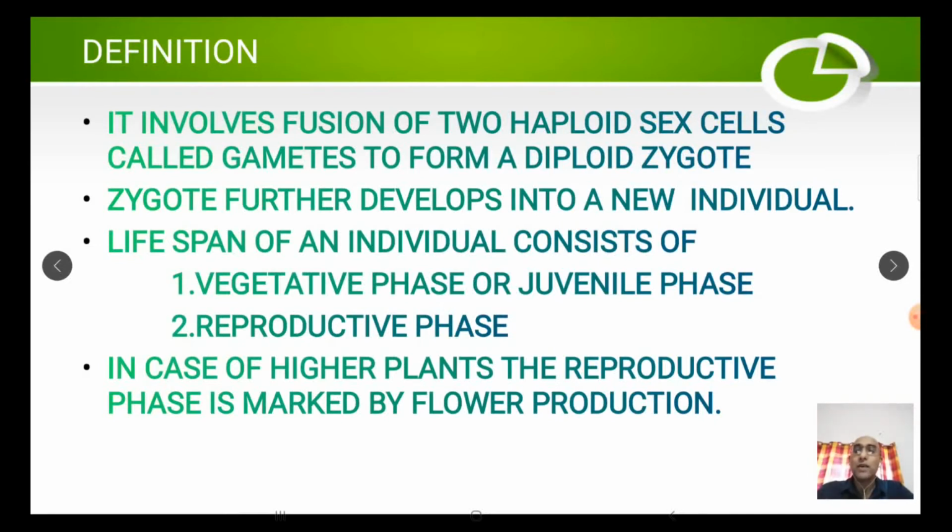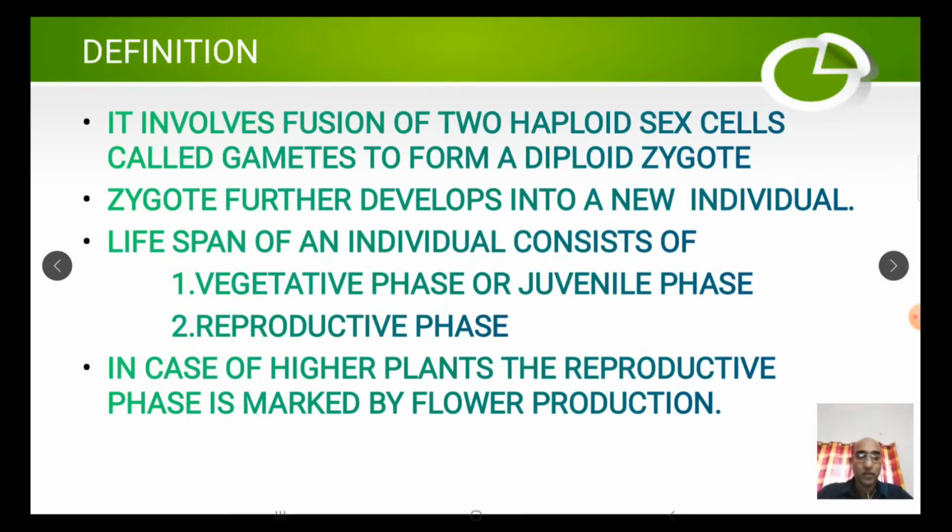Okay. When we divide the lifespan of an individual, I have already told you about lifespan in the previous video. So when we divide the lifespan of an individual, it can be divided into two phases. The first phase is known as the vegetative phase or juvenile phase, and the second phase is the reproductive phase.